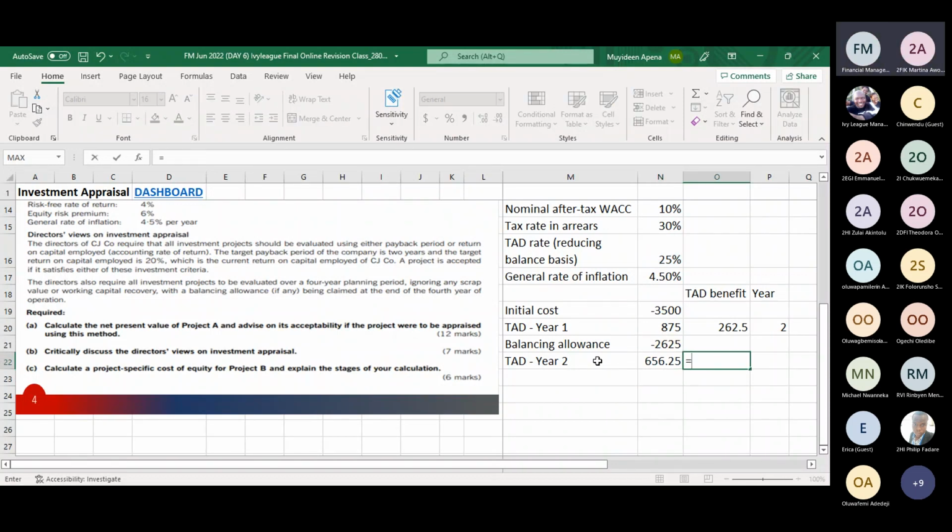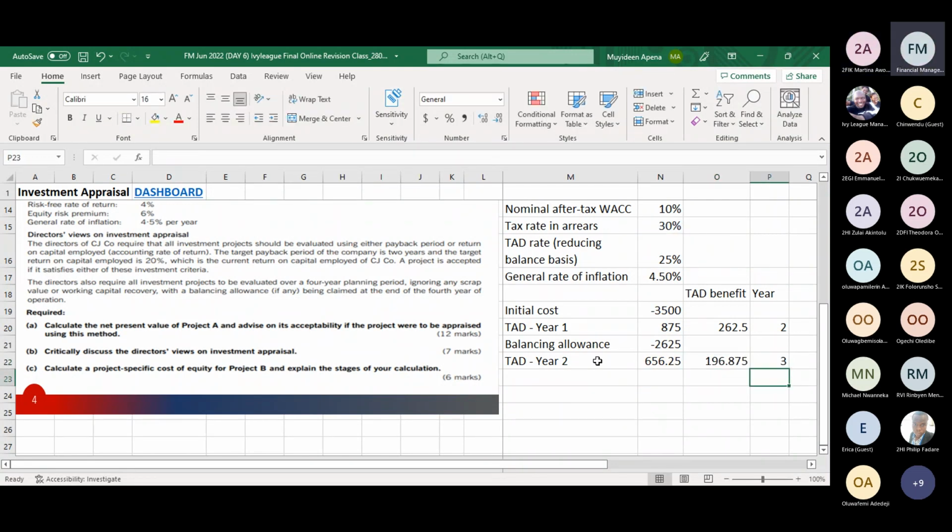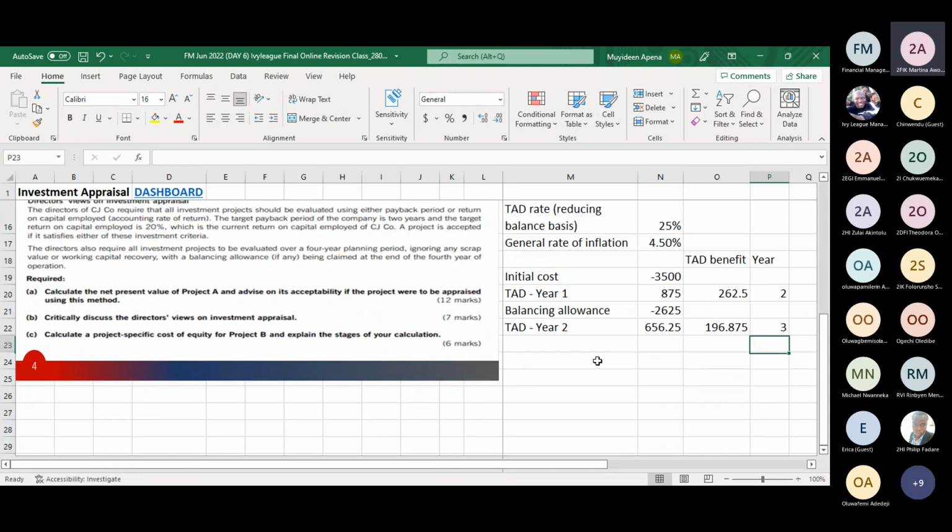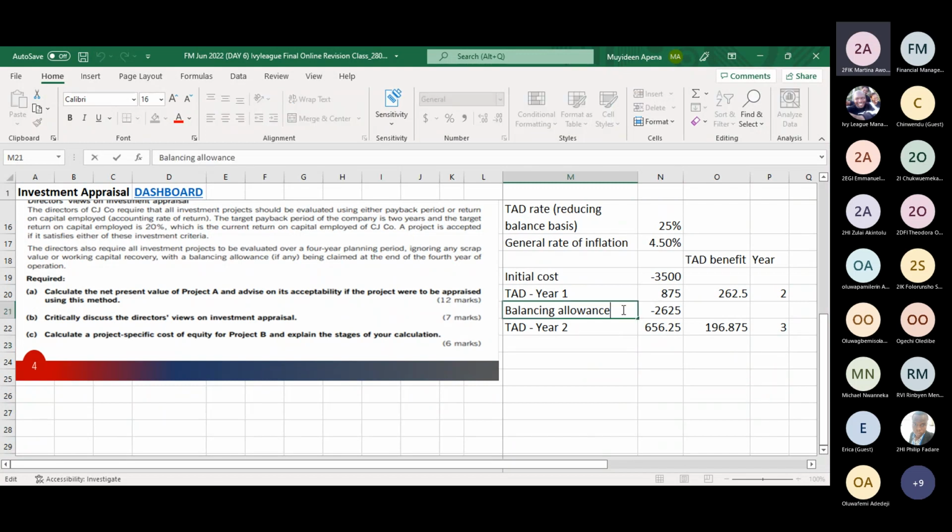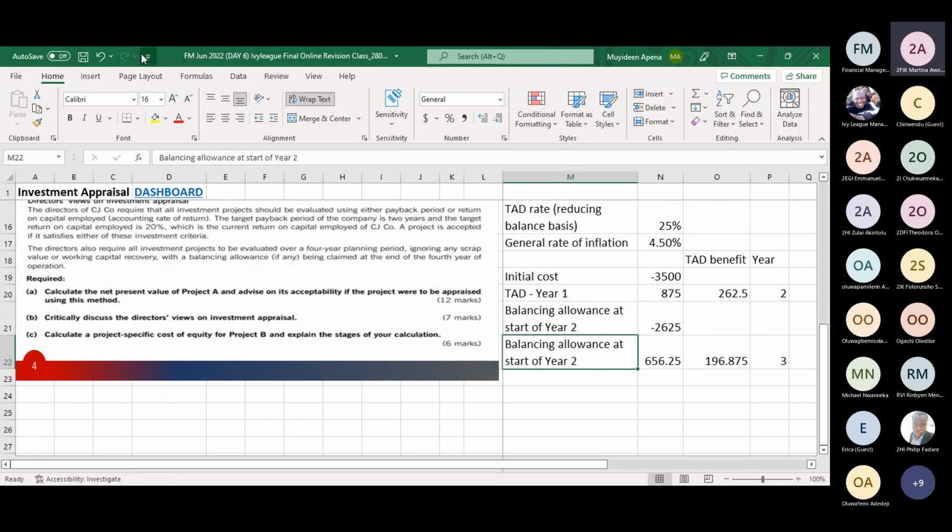And then it takes 30% of that as benefit, and that happens in year 3. So the first one is the balancing allowance at the start of year 2. So the next balancing allowance will be what? Start of year 3.